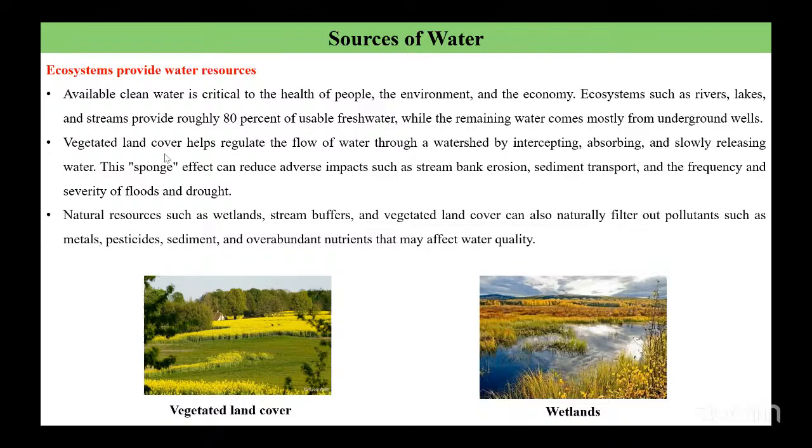These natural resources such as wetlands, stream buffers, and vegetated land cover can also naturally filter out pollutants such as metals, pesticides, sediments, and overabundant nutrients that may even affect the water quality. Overabundant nutrients cause eutrophication of water, where a major amount of nutrients from the irrigation and agriculture sectors, and all these pollutants, will be filtered out through this natural process by using wetlands.